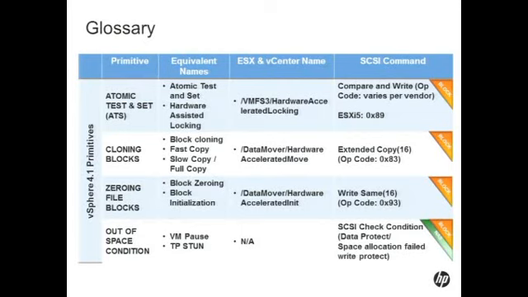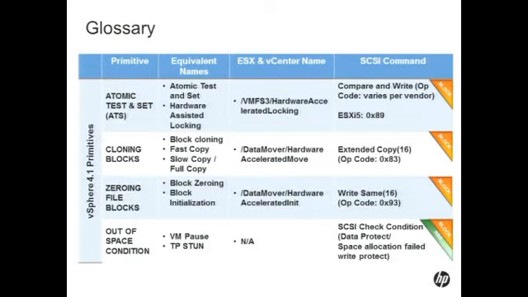For example, here it shows 0x89. The cloning block in ESX Virtual Center, you'll notice that it is listed under data mover, hardware accelerated move. By default, it's set to 1. And it is the extended copy that I mentioned earlier.